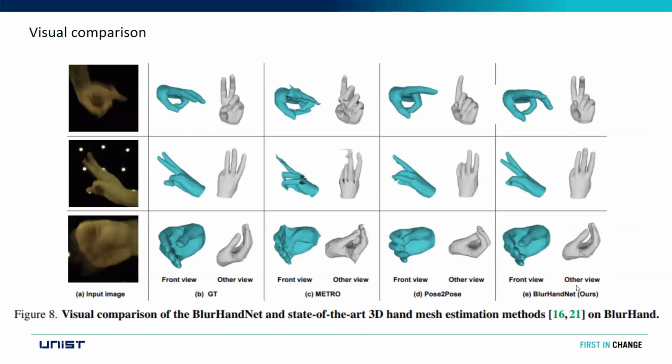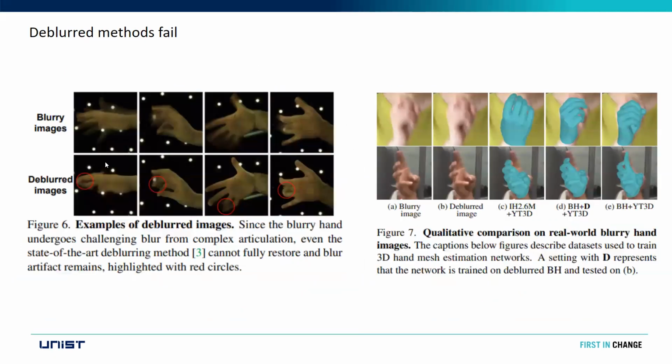They compare their model with the other ones when inputting this kind of images, and theirs are doing better than the other methods. This is the deblurred image. This is the blur image. As can be seen here, the deblurring method still cannot perform well enough to deblur this motion. So that's why it doesn't perform well on this one.